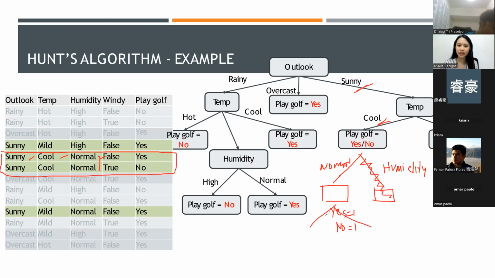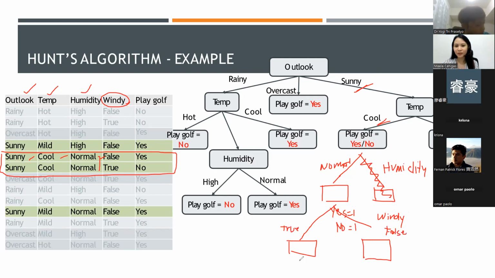And then the next time that we branch out, we're going to utilize windy because we've already finished outlook, temperature, and humidity. So the next one would be windy. For windy, we have true and false.